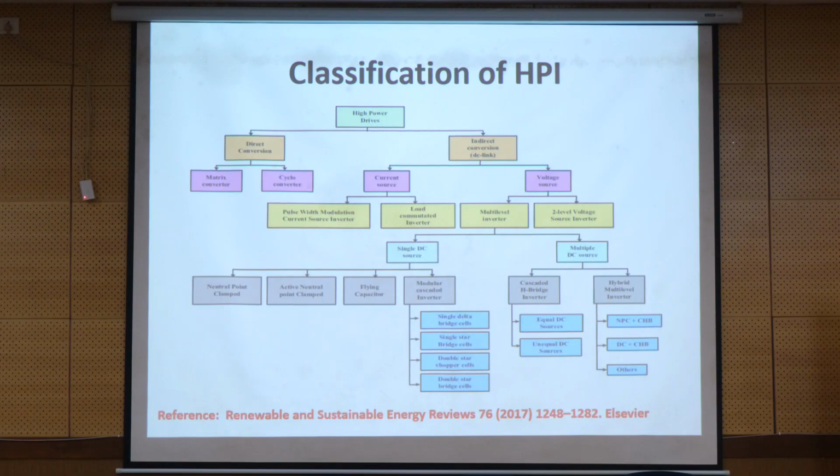If DC is available, there is no problem. If it is not available, you do rectification, and the output of the rectifier is given as input to your inverter module. Can you obtain pure DC by using rectification? No, a pulsating or raw DC is what you are going to obtain.